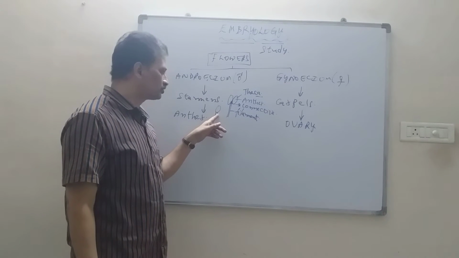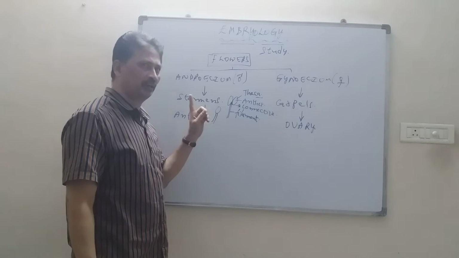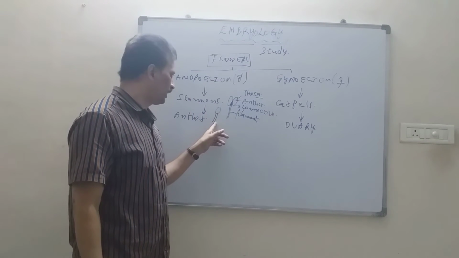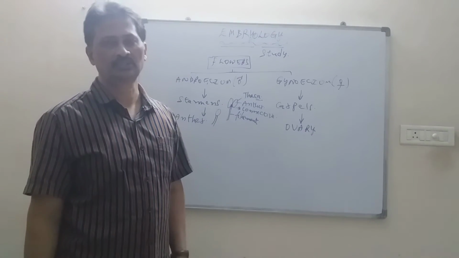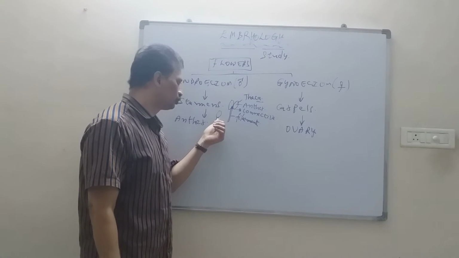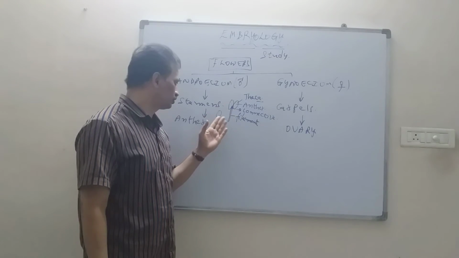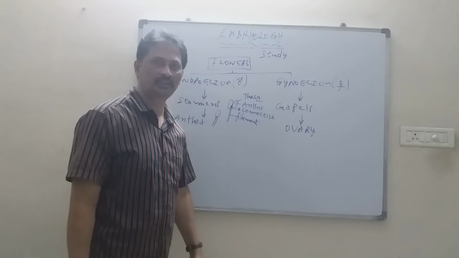But in this diagram, how many thecae are there? Only one. Because it consists of only one, this type of stamen is regarded as a monothecous anther. So this is a monothecous anther and this is a dithecous anther. Some plants show monothecous anthers, and some plants exhibit dithecous anthers.